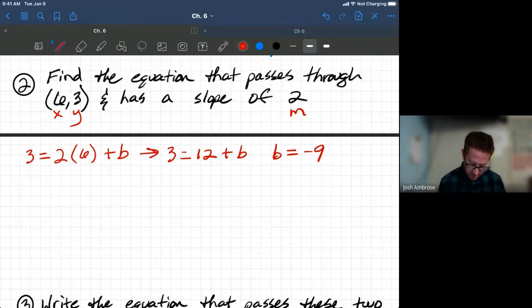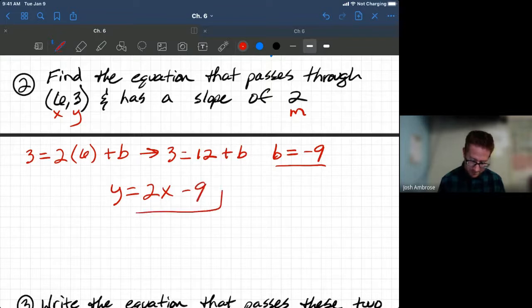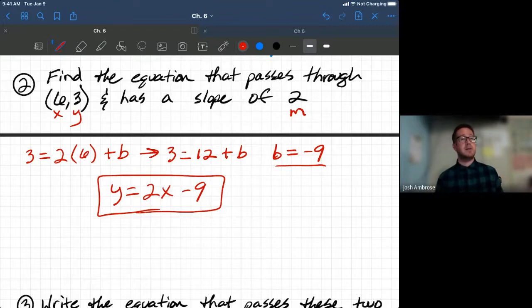So go back now, y equals, remember m was 2x, and then we got our b value, minus 9. That's what we're looking for here. So the final answer is actually the equation y equals 2x minus 9, but you have to use the point because there's your x and y, and you have to use the slope, there's your m, to solve for b.